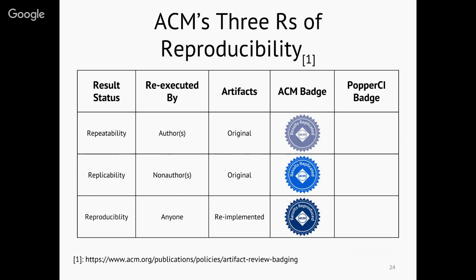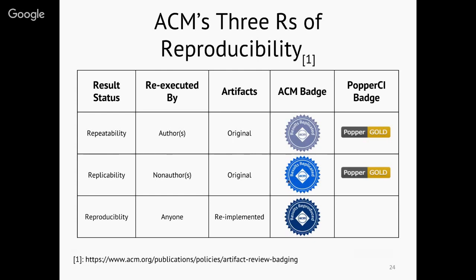If we contrast this with the badging that I showed you, a CI system can be seen as a third party, because it's basically executing experiments for you. If you get this gold badge using a CI system and following the Popper convention, you're basically automatically in the category of results replicated.